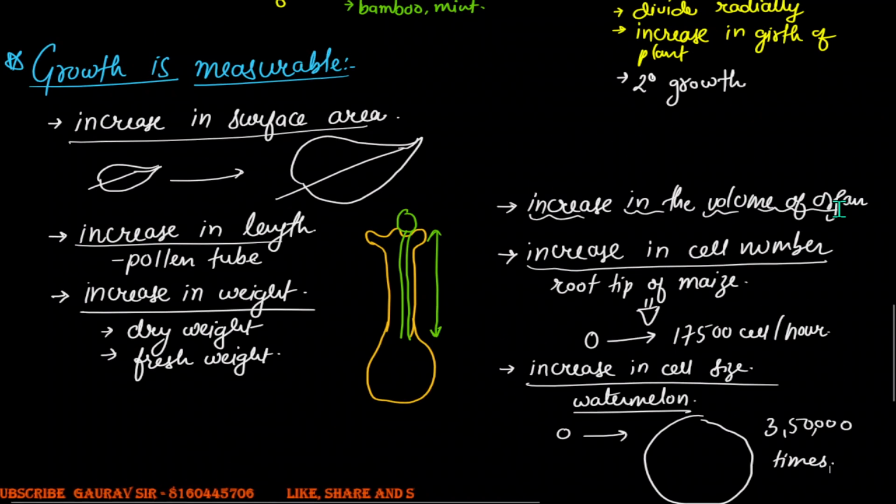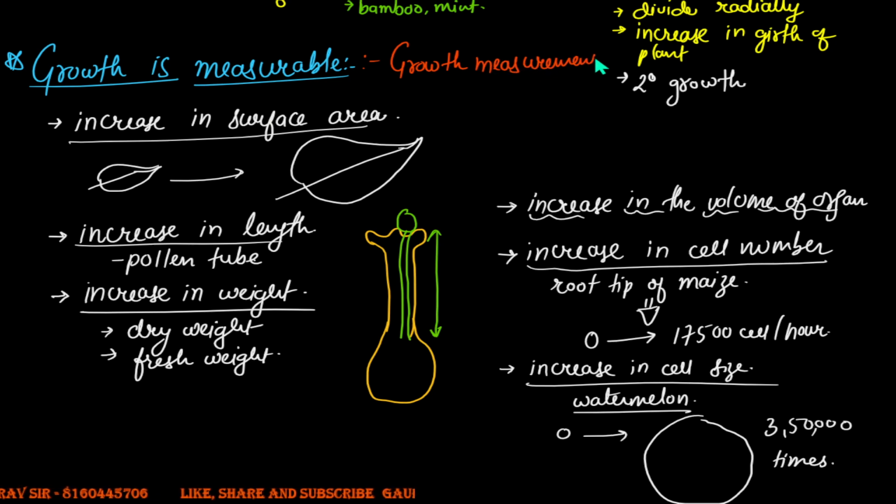So when I say growth is measurable, the primary work for growth measurement in the plant came due to the exceptional work of Julius von Sachs.